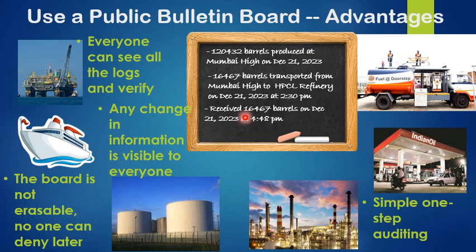That is being written on the board. So the information is appended to the board without being erased. The previous wrong information is also on the board, and the correct information is also written on the board. So the wrong information and the corrected information, everything will be on the board, and it is visible to everyone.